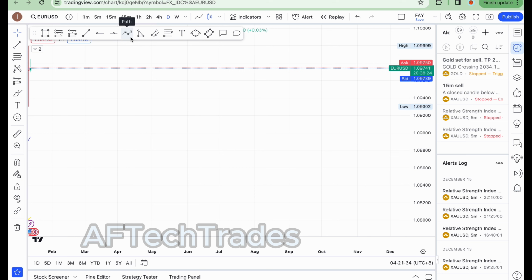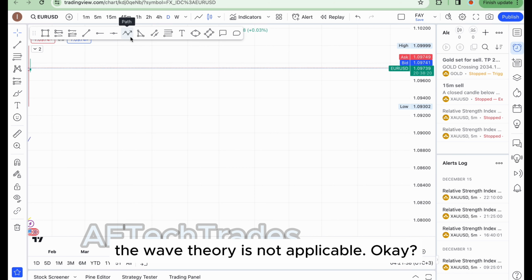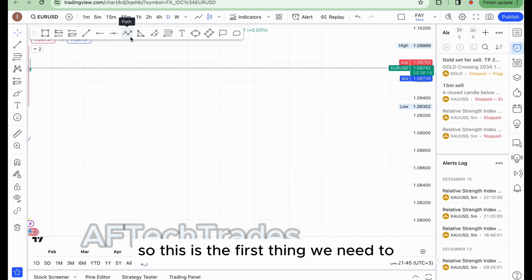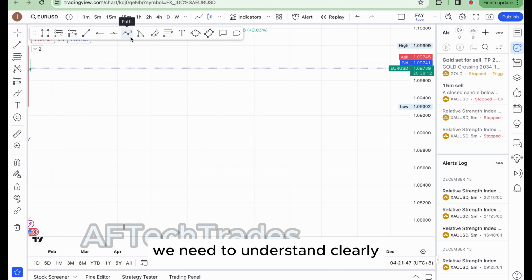In a horizontal market, the wave theory is not applicable. This is the first thing we need to understand clearly.